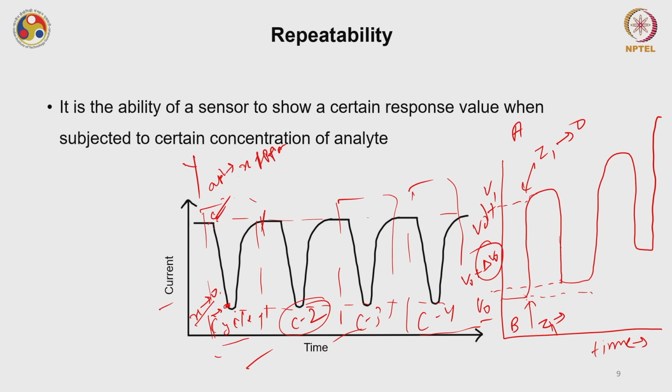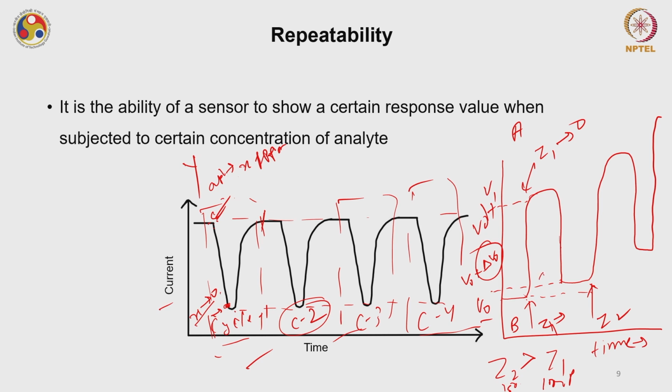Now, when I expose it to another concentration Z2, which is a little bit higher than Z1, say Z1 is 100 ppm and Z2 is 150 ppm or so, the scenario becomes even worse.